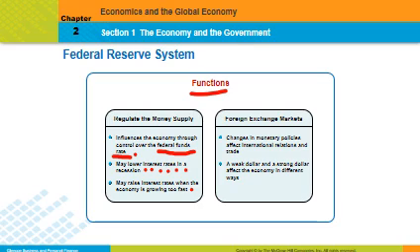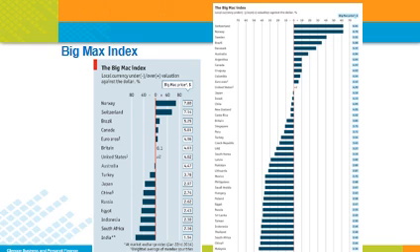But lately, in 2018, 2019, it's been raising rates because the economy is growing. All right, and also the function of the Fed is to change the monetary policies in the international markets. That affects international trade and relations. A weak dollar and a strong dollar affect the economy in different ways.